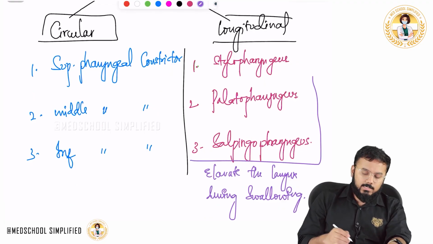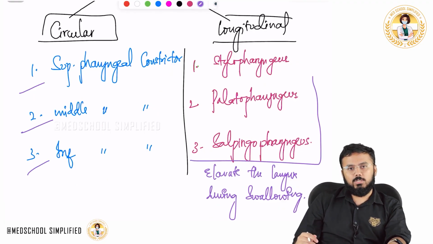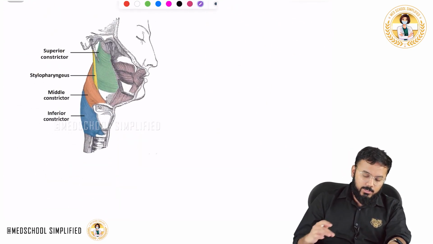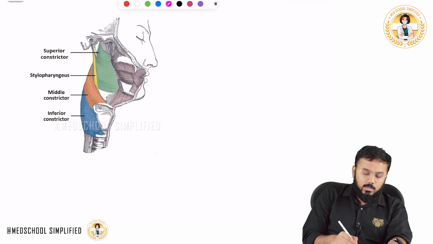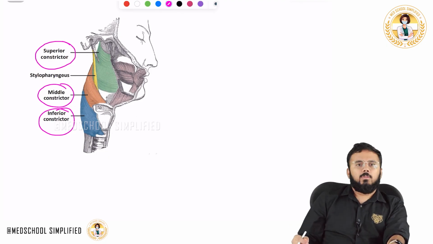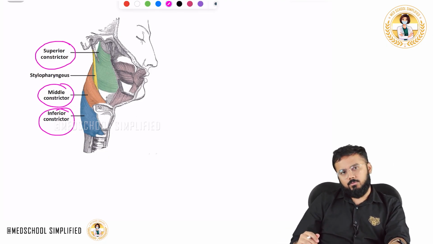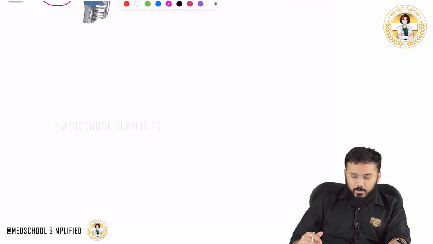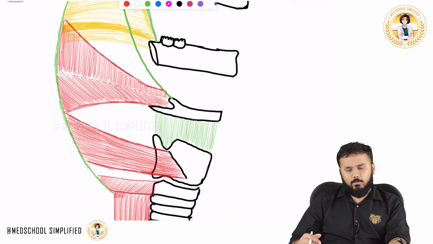Now, first we shall discuss the superior pharyngeal constrictor, middle, as well as the inferior pharyngeal constrictor. Just look at this picture. Here, I'm just showing you where these muscles are, but I will draw them. See, superior constrictor, middle constrictor, and inferior constrictor. These are the three constrictors over here. There is nothing to worry about in this picture.